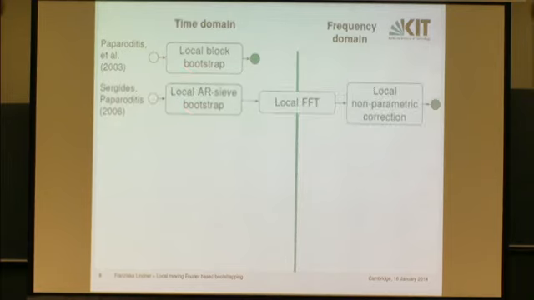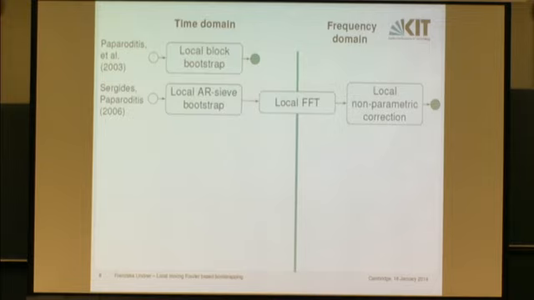There's an extension of the autoregressive aided periodogram bootstrap by Kreiss and Paparoditis. They start out in the time domain, apply a local AR bootstrap, use some local Fourier transformation, and then add some local non-parametric correction. And in the end, they have bootstrap replicates of the periodogram ordinates.